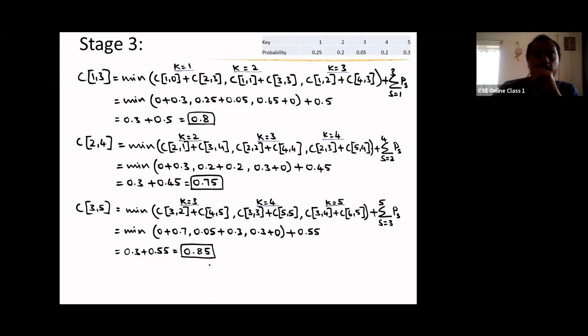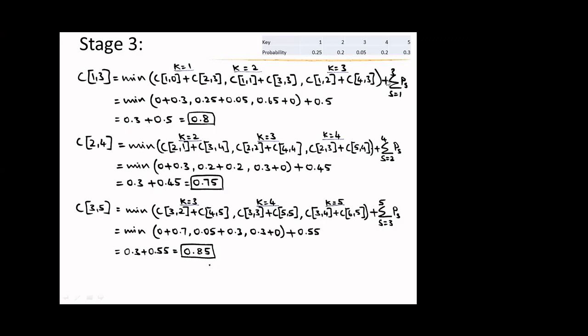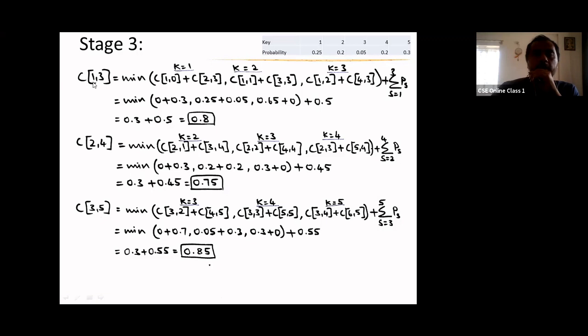There is a provision for both. You can choose either key as 1 or key as 2, so we'll keep that option as it is. But overall our minimum value becomes 0.3, and the summation of all the other probabilities running from 1 to 3 will be 0.5. So totally we'll get a value of 0.8.